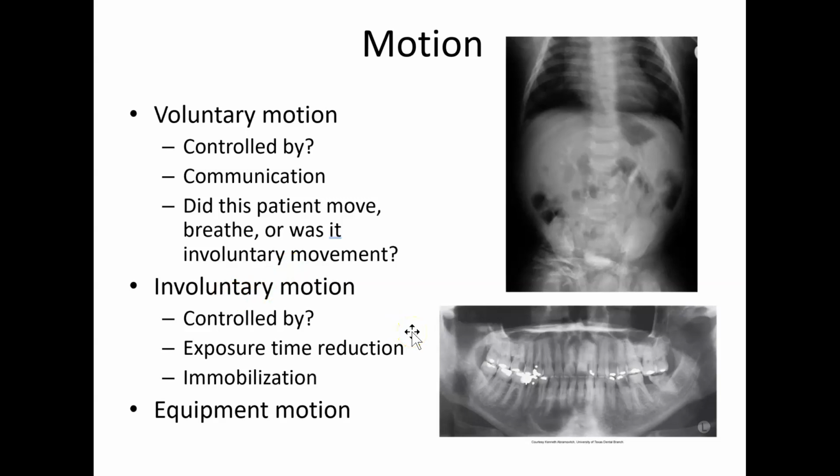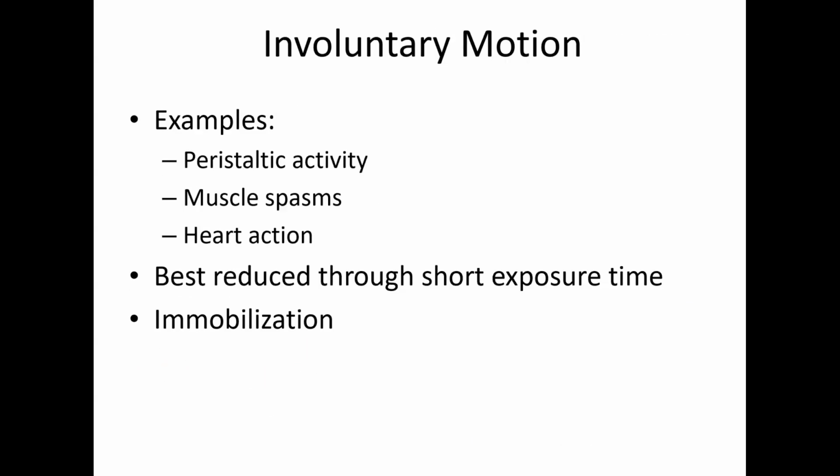Involuntary motion, the only way we can control that is immobilization, sponges, tape, and making our exposure time as small as possible. And these next slides are basically saying the same thing that I just said. Peristaltic activity is involuntary, muscle spasms. The beating of the heart is involuntary.